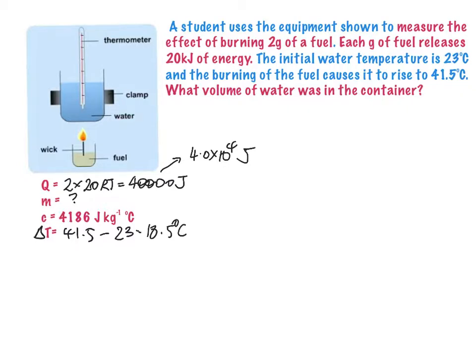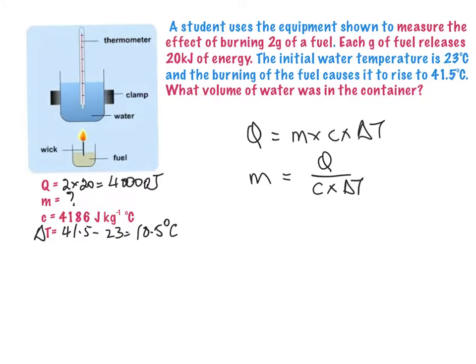Sorry about my handwriting. So let's put this again. So if Q equals M times C times delta T, then this time M is going to be Q over C times delta T. All right, how about you have a go at plugging in some numbers, answer the question, and then I will go through the answer with you after this.